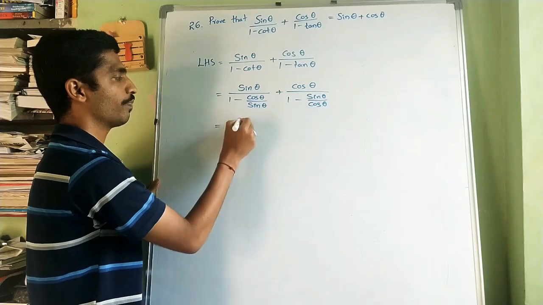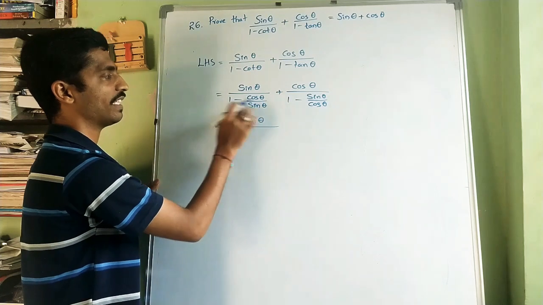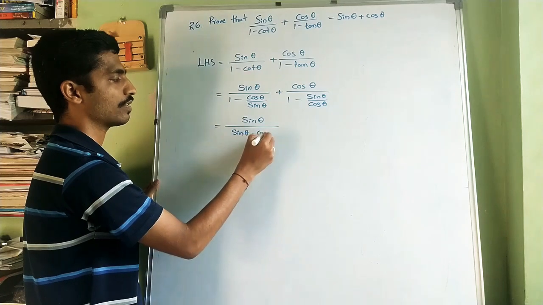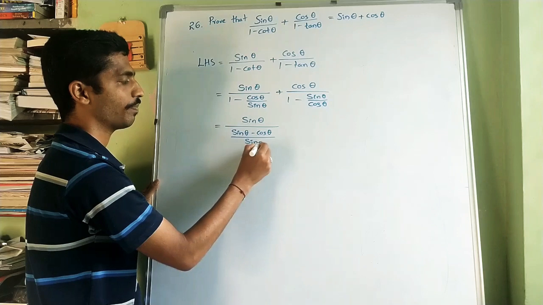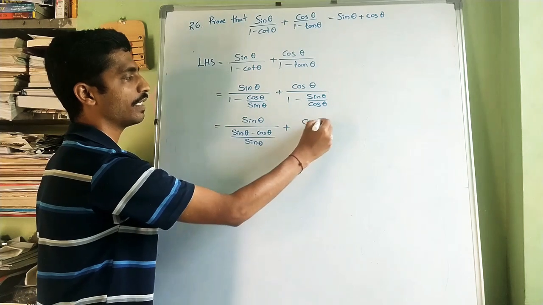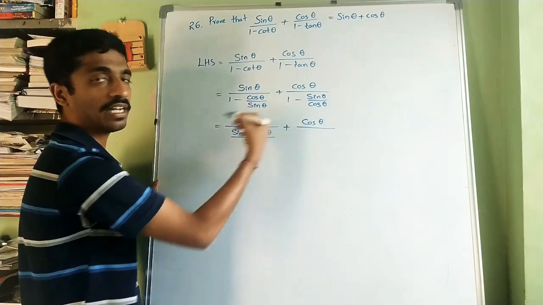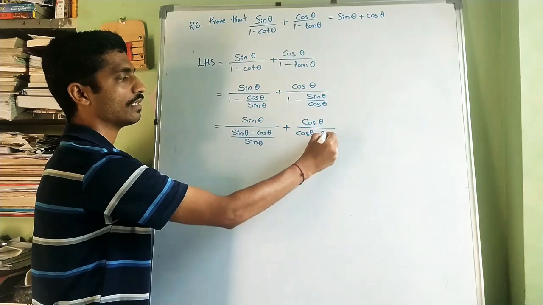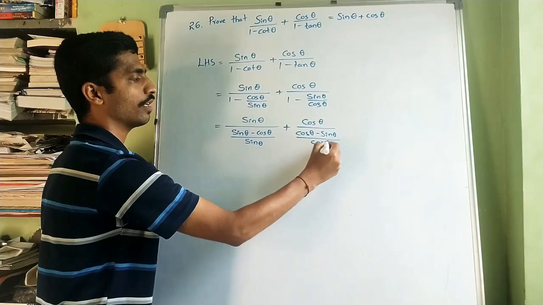Okay, so simplifying the denominators. Here if I take the LCM, it becomes sin theta minus cos theta whole divided by sin theta, plus cos theta divided by, here again if I take the LCM, cos theta minus sin theta whole divided by cos theta.